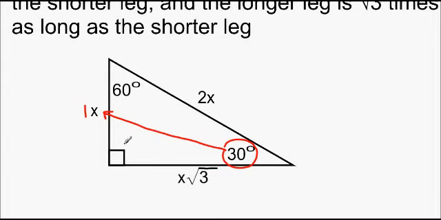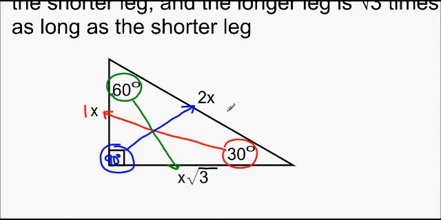The side opposite the 90-degree angle, the hypotenuse, is always 2 times x. And then your third side, across from the 60-degree angle, is x times the square root of 3.